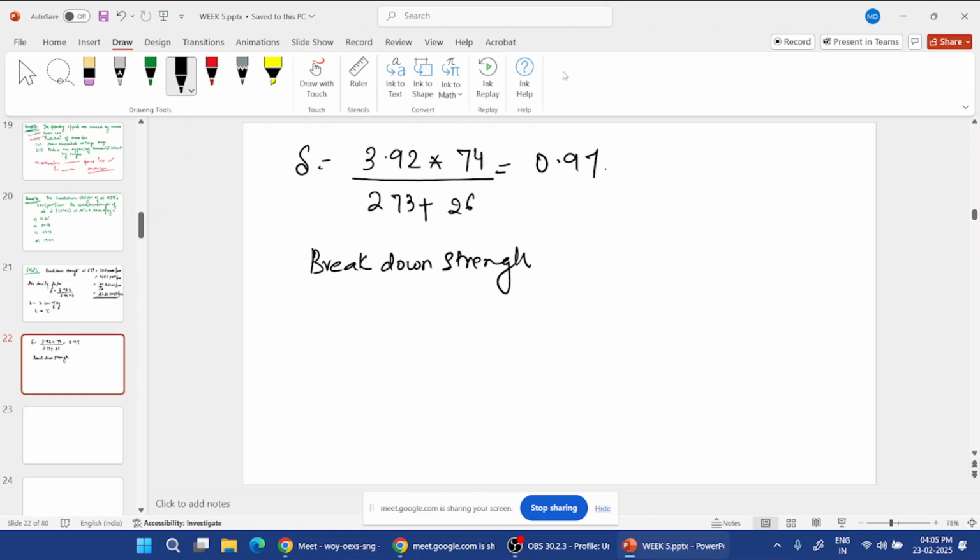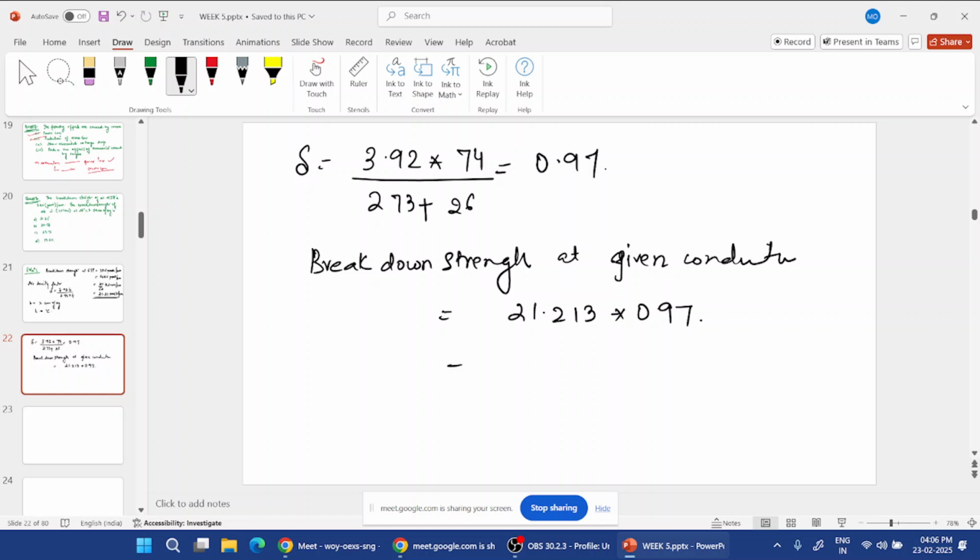Okay, so breakdown strength at the given condition will be equal to 21.213 multiplied by 0.97.